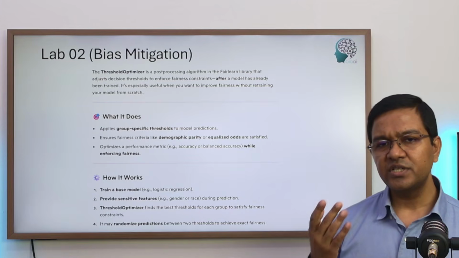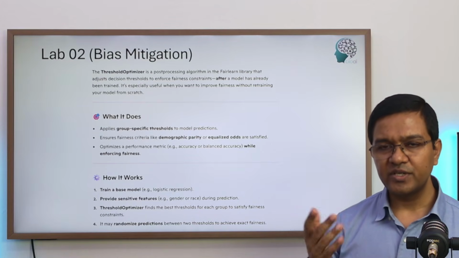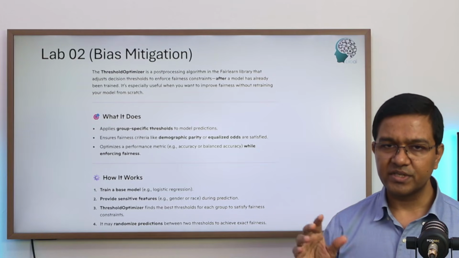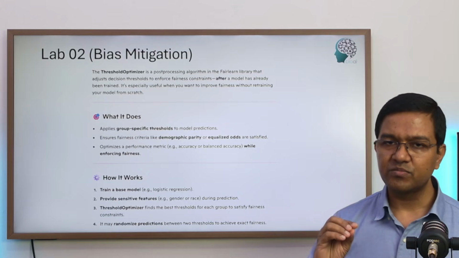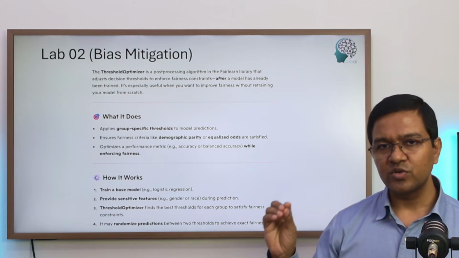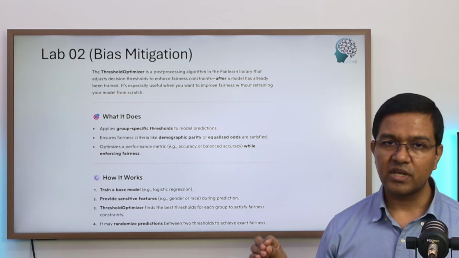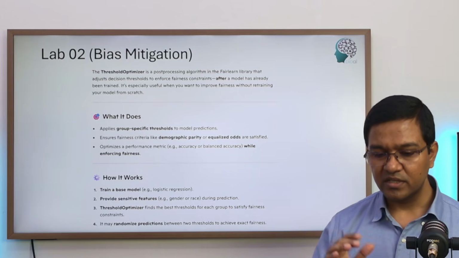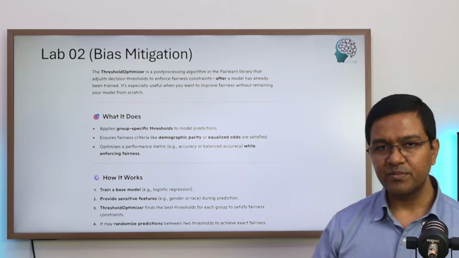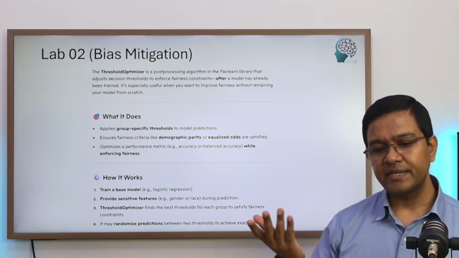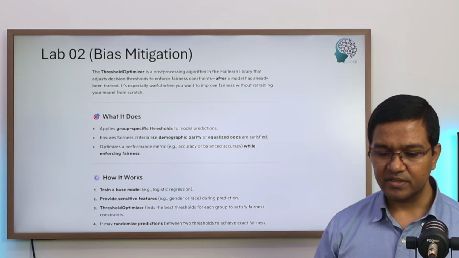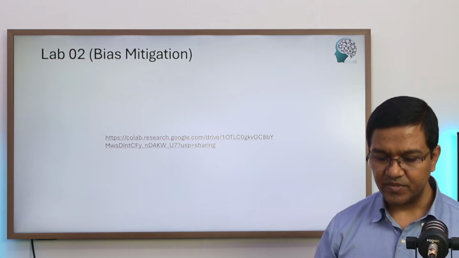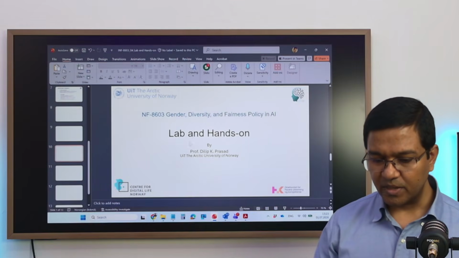In machine learning or AI, when you make a decision, you have to choose a threshold to decide whether a prediction belongs to a class or not. We are trying to find the optimal threshold so that, after the training time, we can impose fairness, and we will see this in the lab. Okay, so let's go to this lab of bias mitigation.